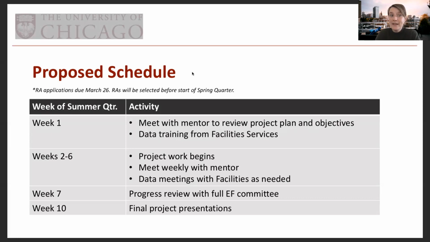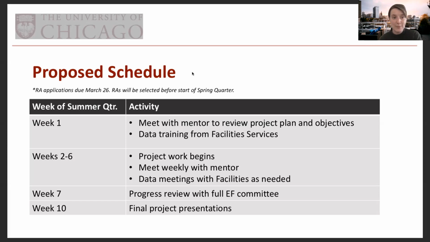And then from there, you'll really start doing the projects. We do expect that the research assistant teams will meet with Nilanjana on a recurring basis, and that there will also be pre-scheduled touch points with the facility services team, since they are truly the experts in this data, as you have questions and need additional clarification.